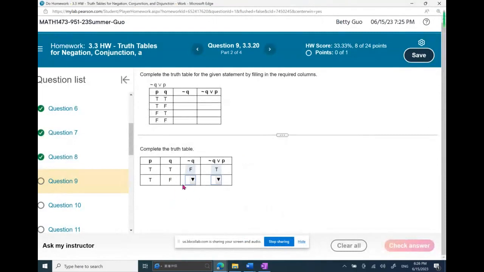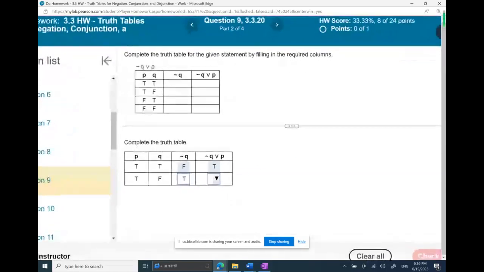And the second case, Q is F, now not Q is T. So when the first component is T, column 3 is the first component, column 1 is the second component. You know, my explanation in the video I posted in 1473 is clearer, because I'm able to color them and take time to explain.